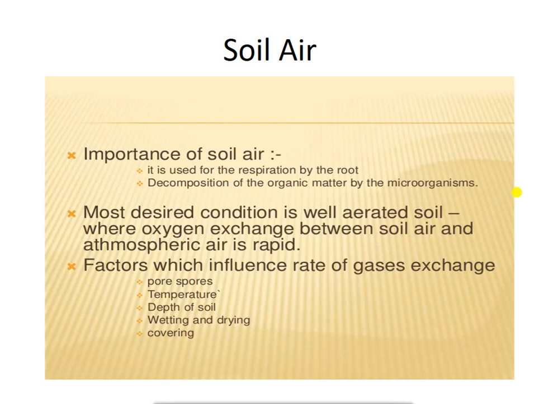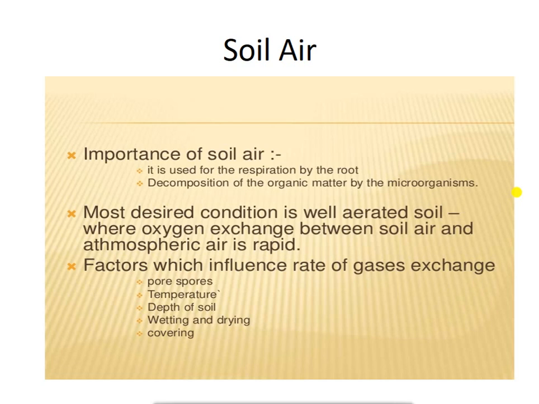It is used for respiration by the roots, decomposition of organic matter by microorganisms, and release of soil air. The most desired condition is a well aerated soil, where the exchange of oxygen between soil air and atmospheric air is rapid.